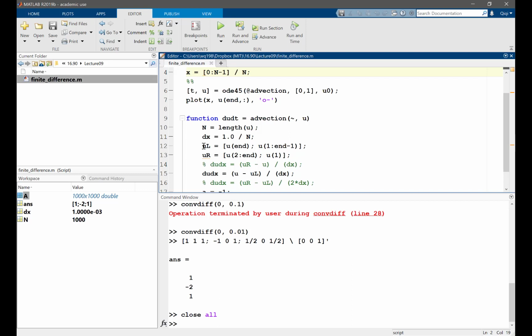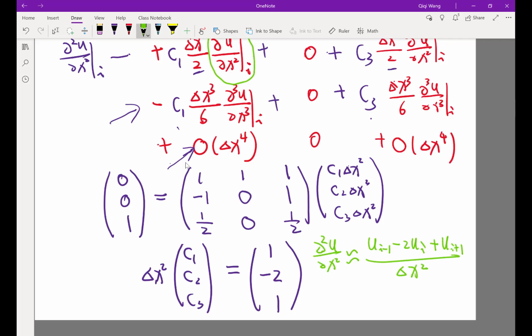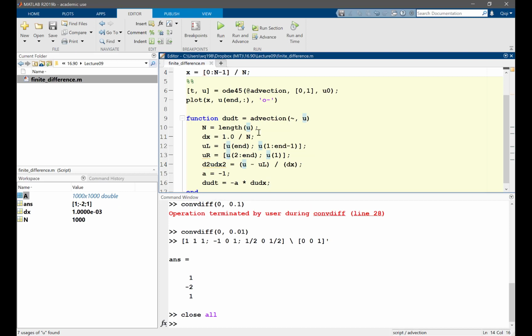So again, we have u left, u right, and now let's compute our second order derivative. d squared u dx squared is going to follow this scheme: u left minus 2 times u plus u right, divided by delta x squared. Agree?